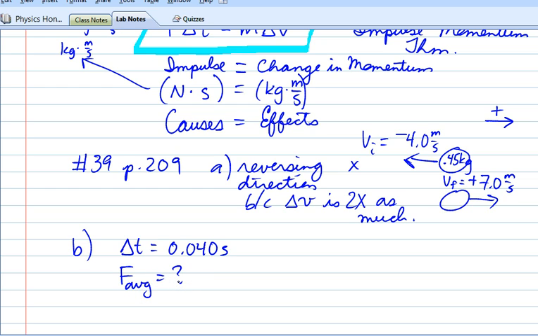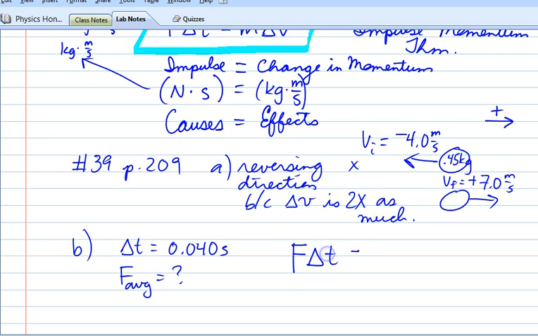Now, the reason we call it an average force is that in reality, if I looked at the force versus the time, there'd be some sort of a bell curve. You know, the force doesn't happen for just a fraction of a second, but that's not a really important detail. So we apply the impulse momentum theorem.